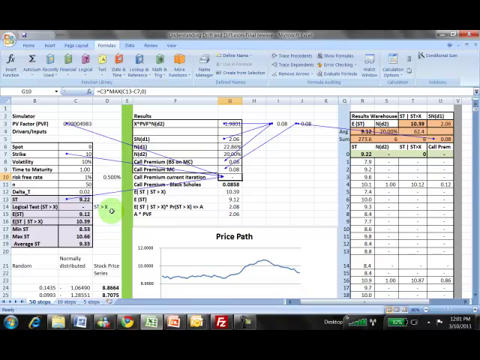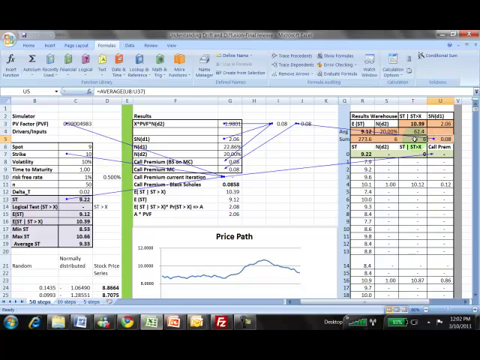For every single iteration, I calculate this value and store it here. And then when I complete my simulation, I simply take an average of this to get my premium, which is 0.08.